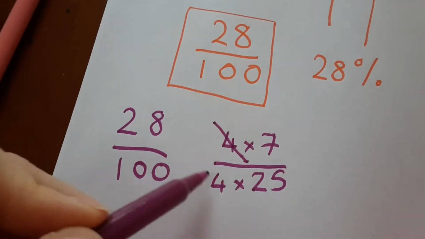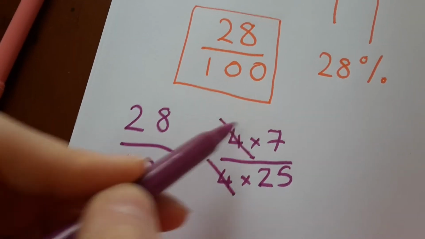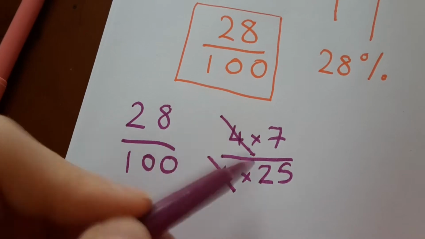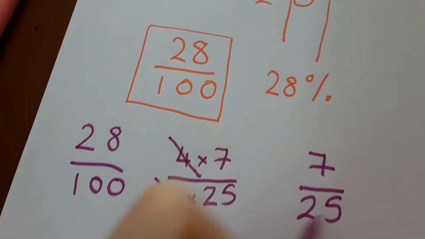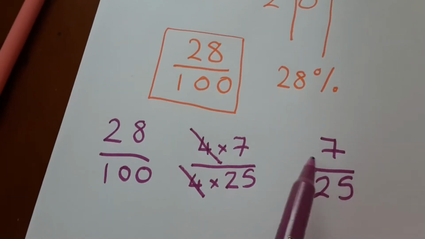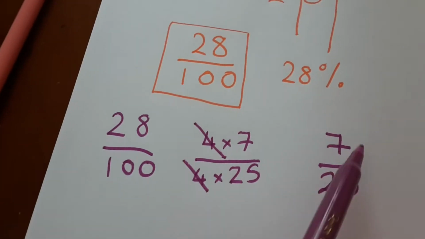Now this 4 and this 4 I can cancel. I can divide by 4 on top and bottom, and this cancels it out. So I'm just left with 7 over 25. Notice that straight away I've ended up with a prime on top.